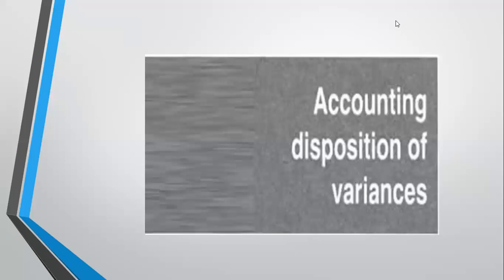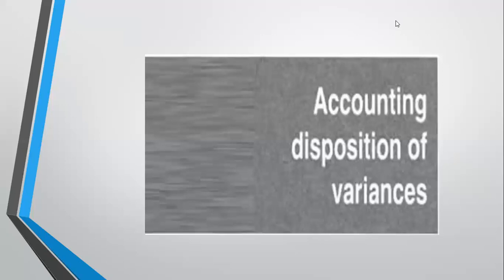For the fixed portion, it is the responsibility of the top management. The same personnel who are responsible for labor efficiency variance will be responsible for overhead efficiency variance also. And the top management and production schedulers would be responsible for overhead volume variance.